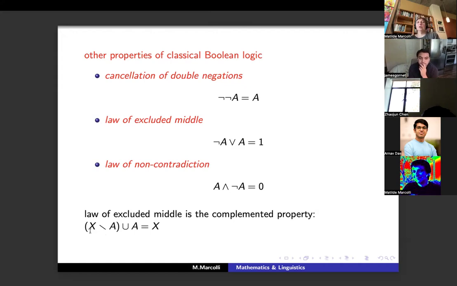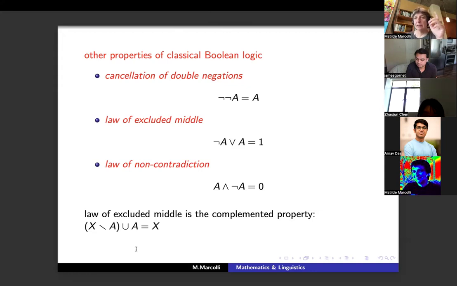The law of excluded middle is just the complemented property of the Boolean algebra. So this is the very basic classical logic. At the very least, if you want something to account for logic, you would want to see a construction of logical operations of this kind. But here's the point: maybe not exactly of this kind.